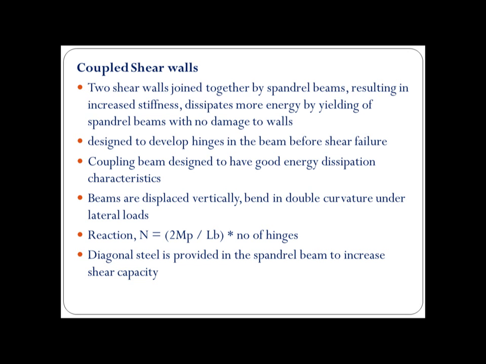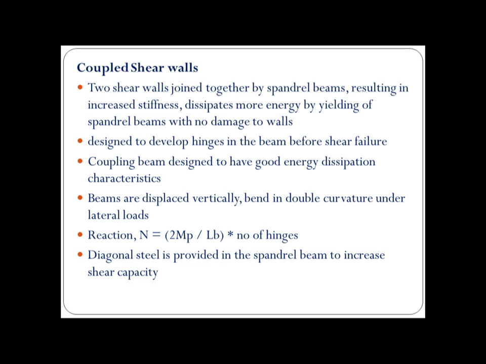So we need to ensure that hinges are developed in the beam before shear failure, and so we need to design the coupling beam to have good energy dissipation characteristics. These beams are displaced vertically under lateral loads and have double curvature under bending.